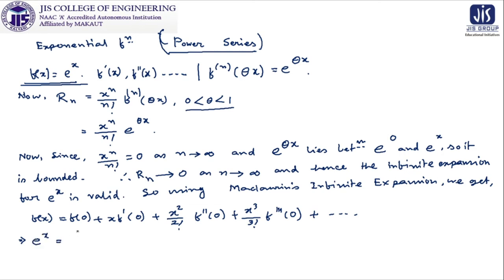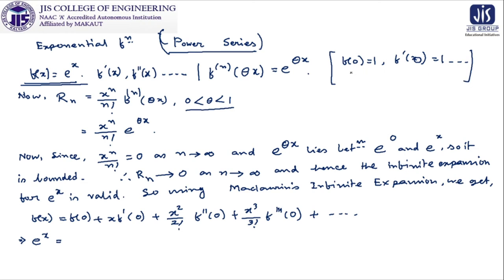We can write e to the power x and find f(0) from this, because as already calculated, f(0) is equal to e to the power 0, that is 1. f'(x) is equal to e to the power x, so f'(0) at x equal to 0 will also be 1, and so on.